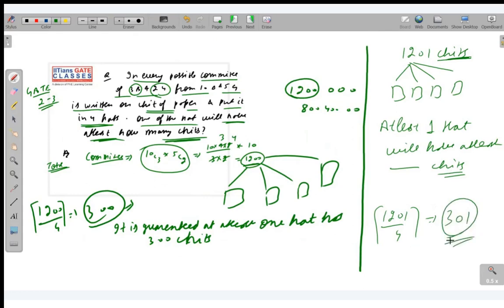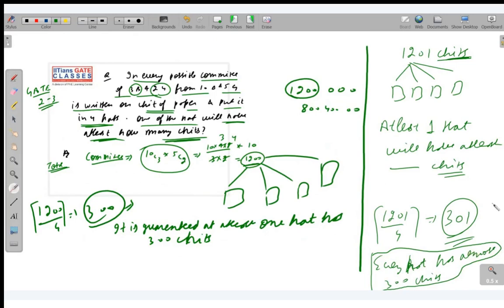So if you want to contradict my answer that 301 is not the answer, so you want to say indirectly that every head, by logic, has at most 300 chits. If every head has at most 300 chits, so you take 300 chits in every head, you will be able to cover only 1200 chits only.